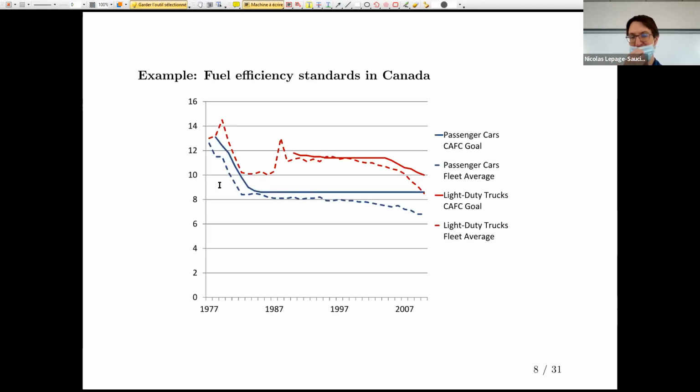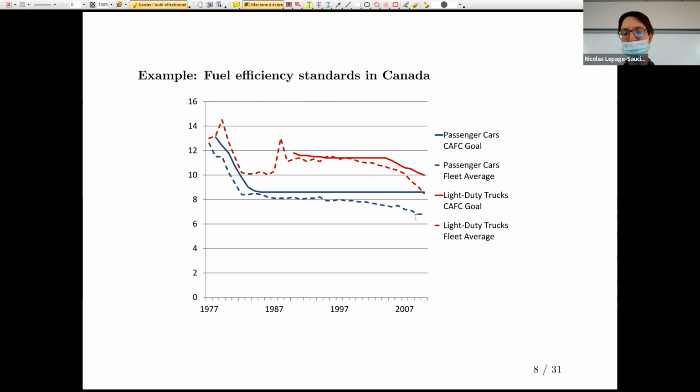This is a history of the fuel efficiency standards in Canada. The plain line is the standard, so what was set to be the goal, or the maximum that the industry had to meet. And the dashed line is what the industry actually achieved as a result.